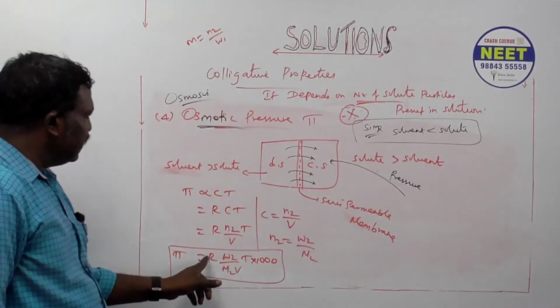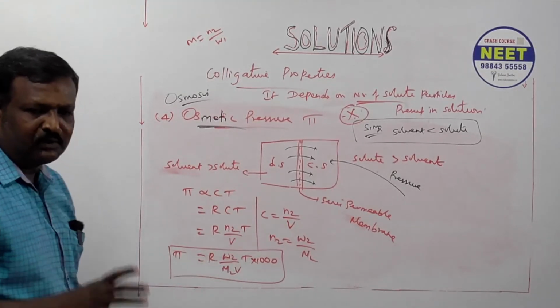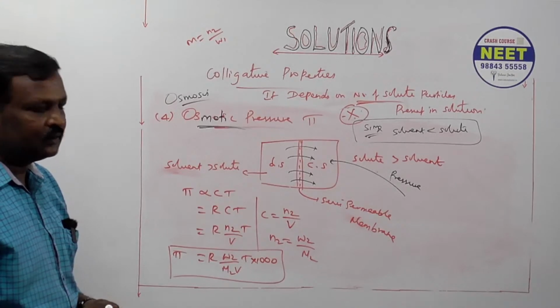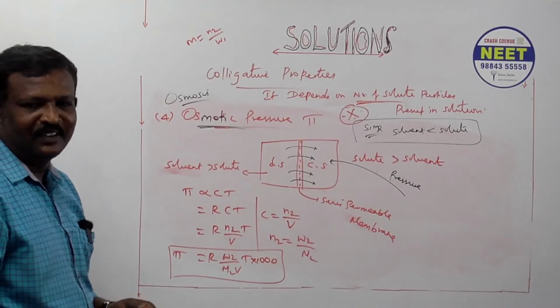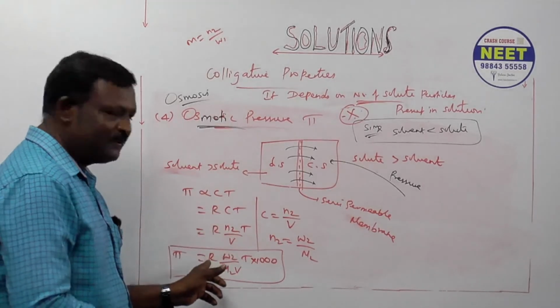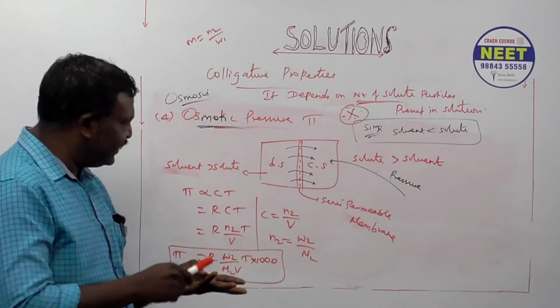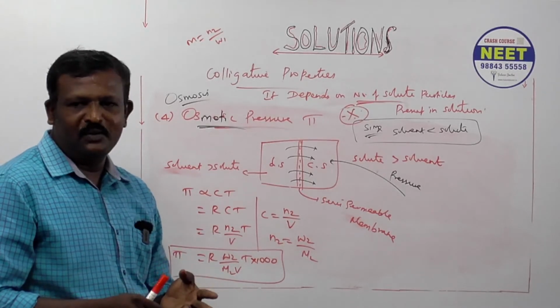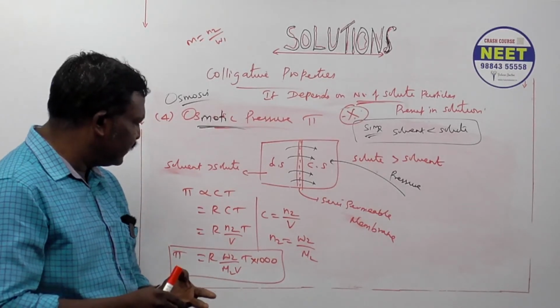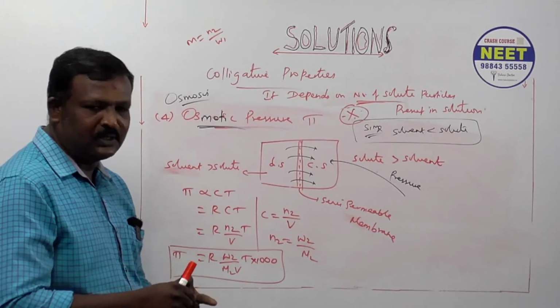Mostly R will be the gas constant. We have three kinds of R. One R is measured in joule, one R is measured in liter atmosphere, and one R is measured in calories.